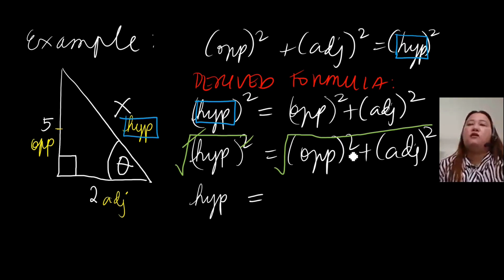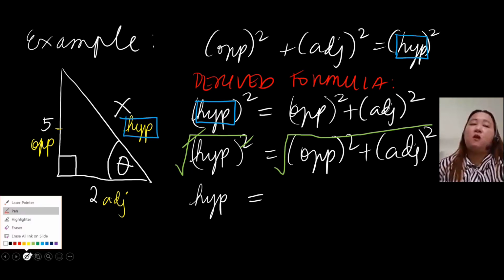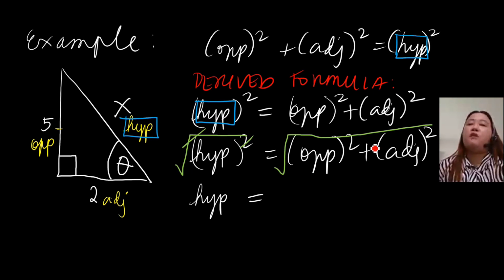Okay? Then on the right side, remember, you cannot cancel the power 2 and the radical because you have the operation addition. Cancellation is only allowed if you have a single term, or if the operation is multiplication or division.